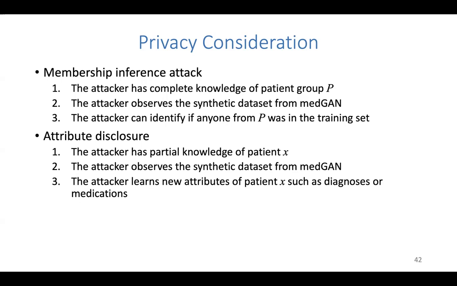Or if you're a perpetrator, like a criminal, then after using partial knowledge of someone and gaining extra knowledge of that person by looking into the synthetic data, maybe you can blackmail the person.